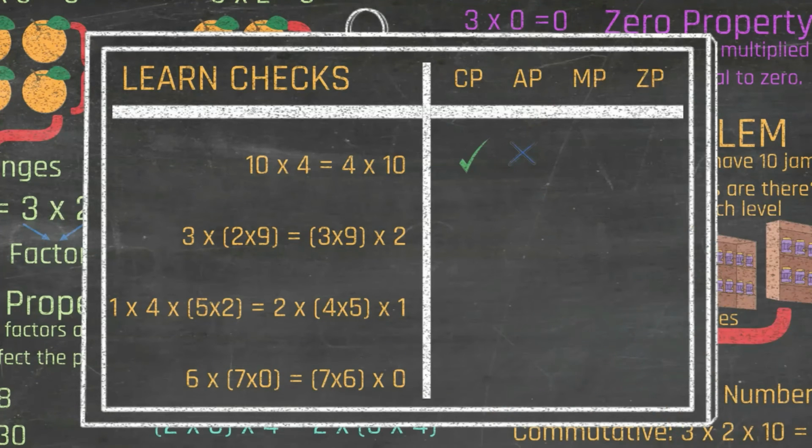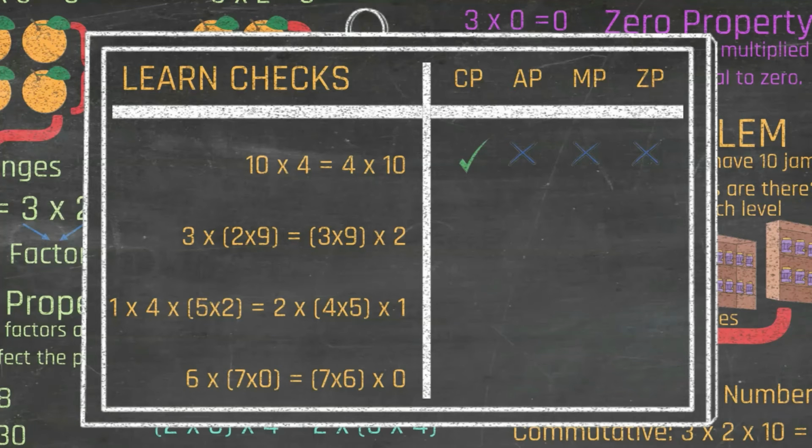No. Multiplicative property. No. Zero property. No.